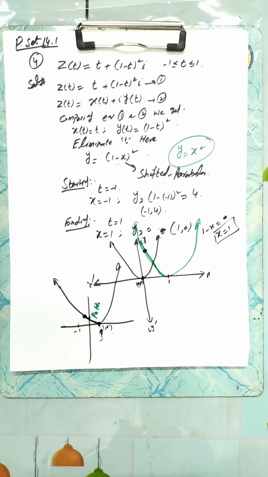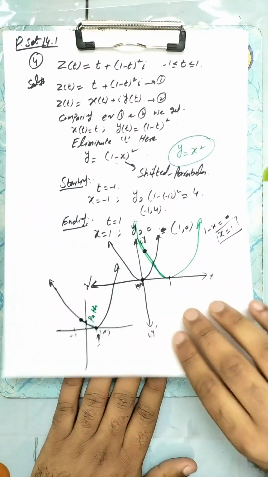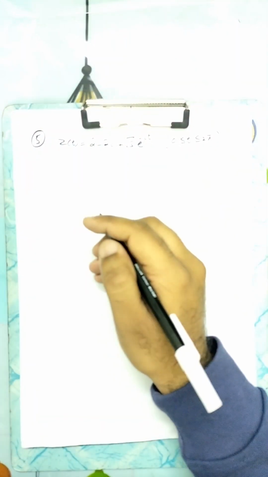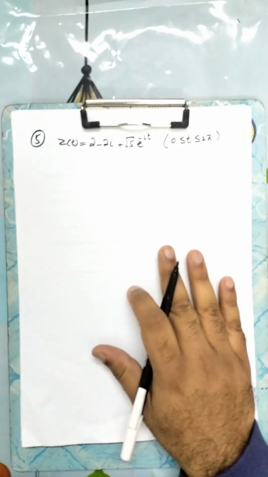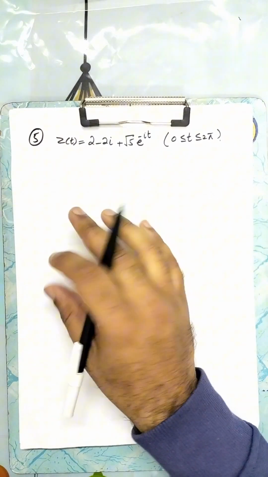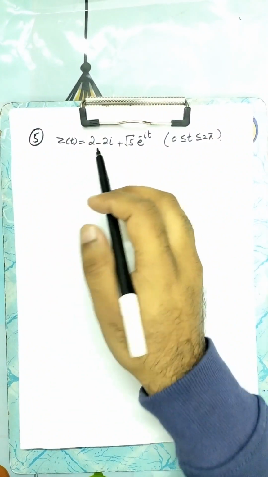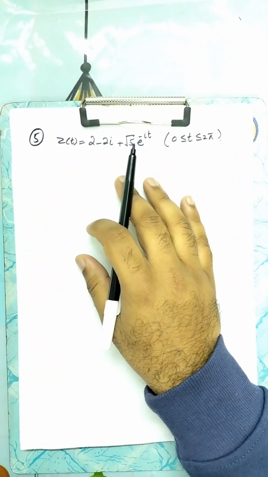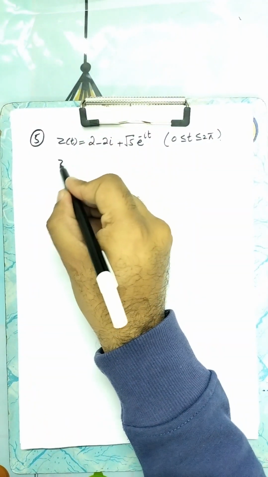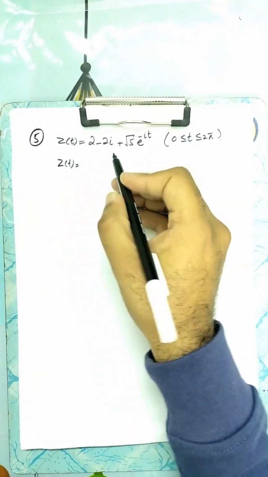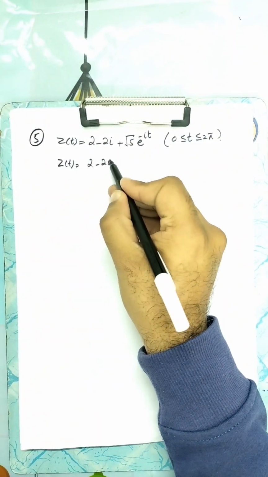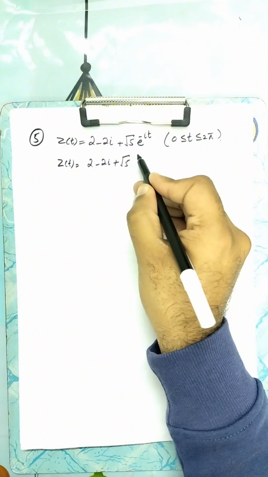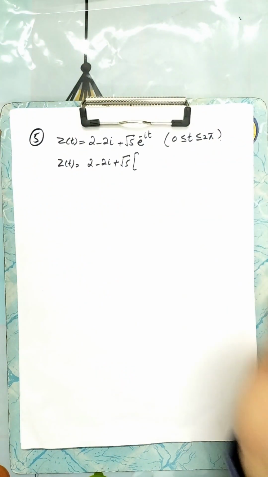Now we move on to the next question, question number 5 of problem set 14.1. Here we first separate our real and imaginary parts. So z(t) = 2 - 2i + √5 e^(-it), and we use the Euler formula here.